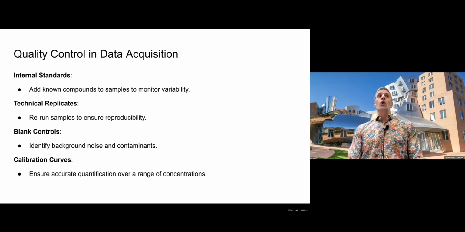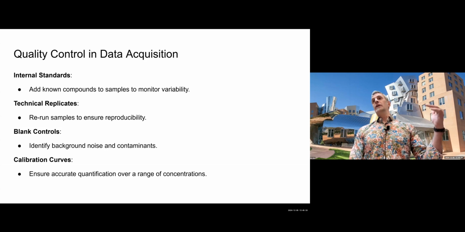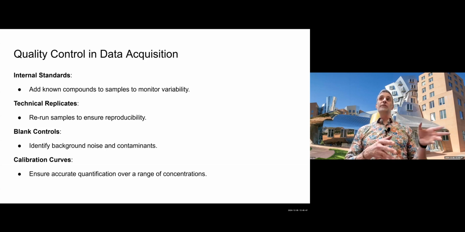And so what fraction of the total number of molecules in the sample are getting ionized, and what fraction of them are getting ionized in different forms. So some of our positive ions might be missing an electron.